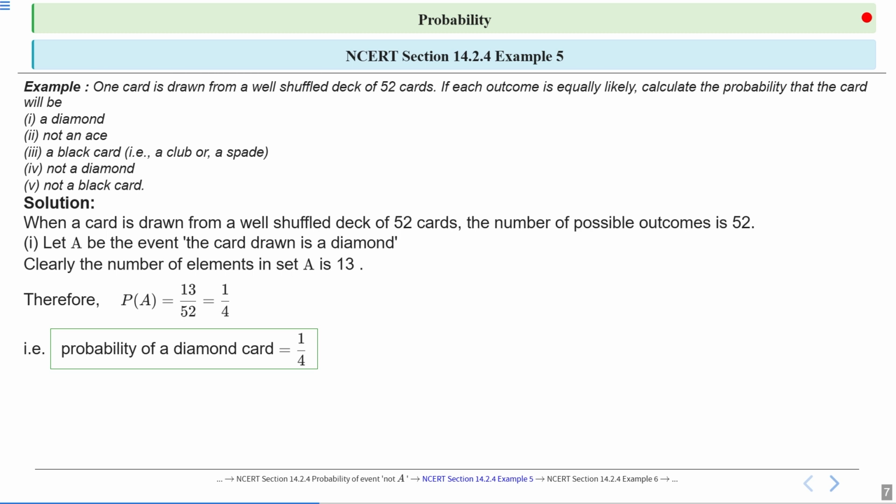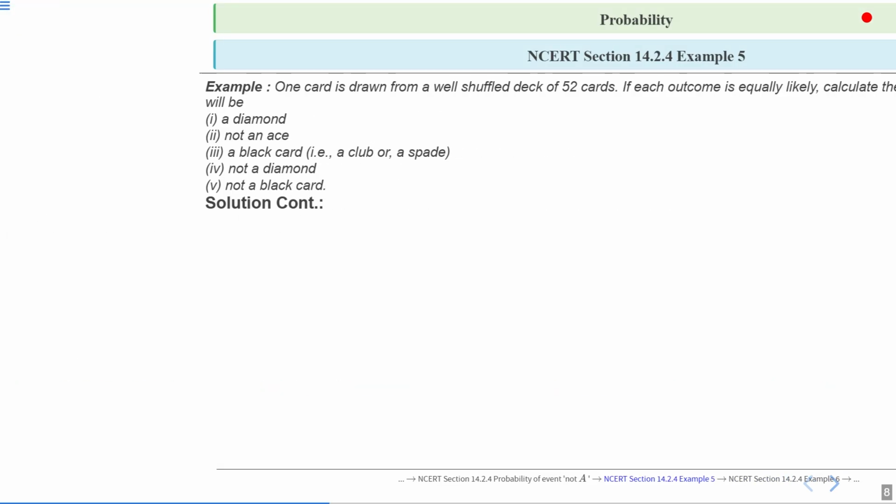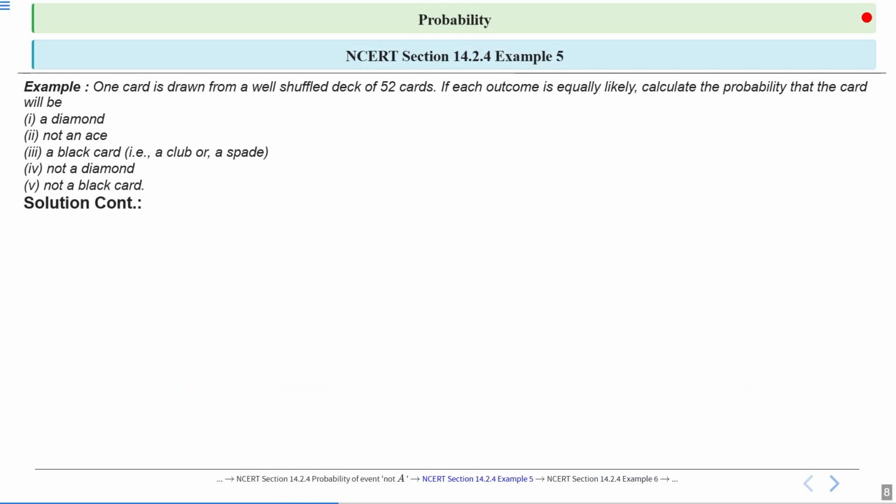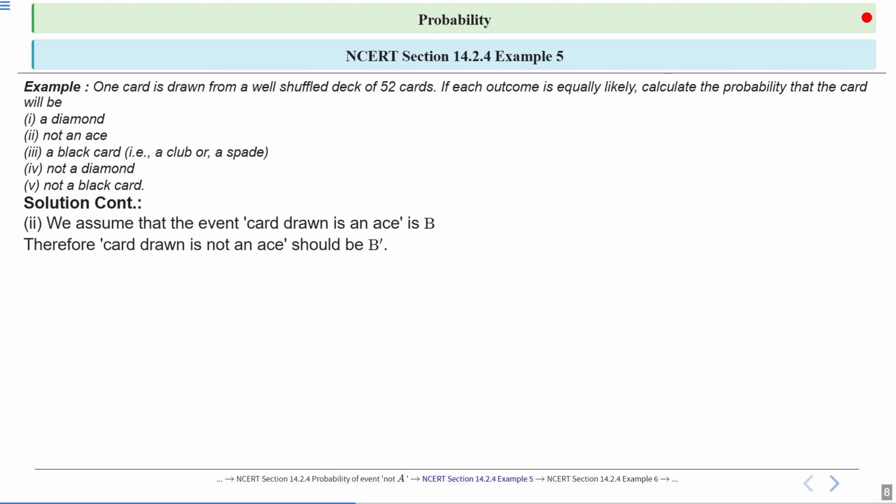So now we will calculate the probability that the card will be not an ace. We assume that the event card drawn is an ace is basically B. So B event is basically the card drawn is an ace. Therefore, the card drawn is not an ace should be B complement.